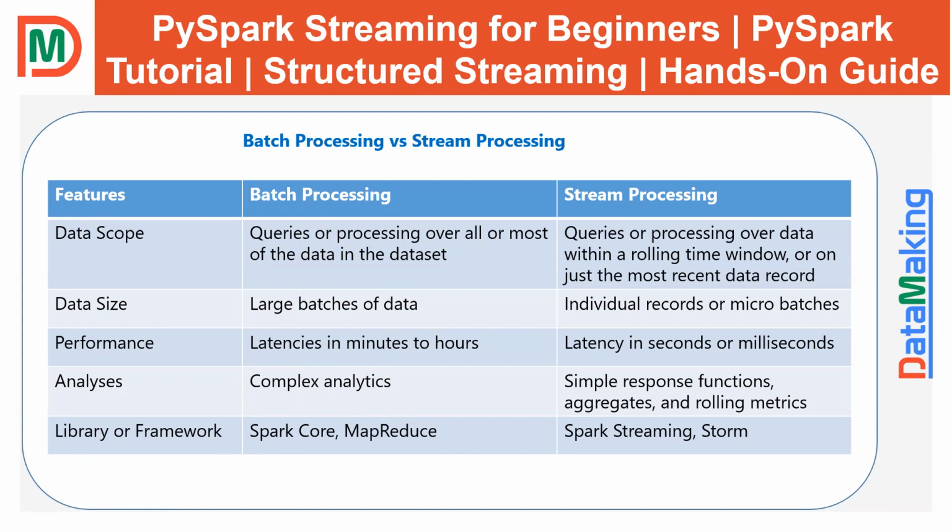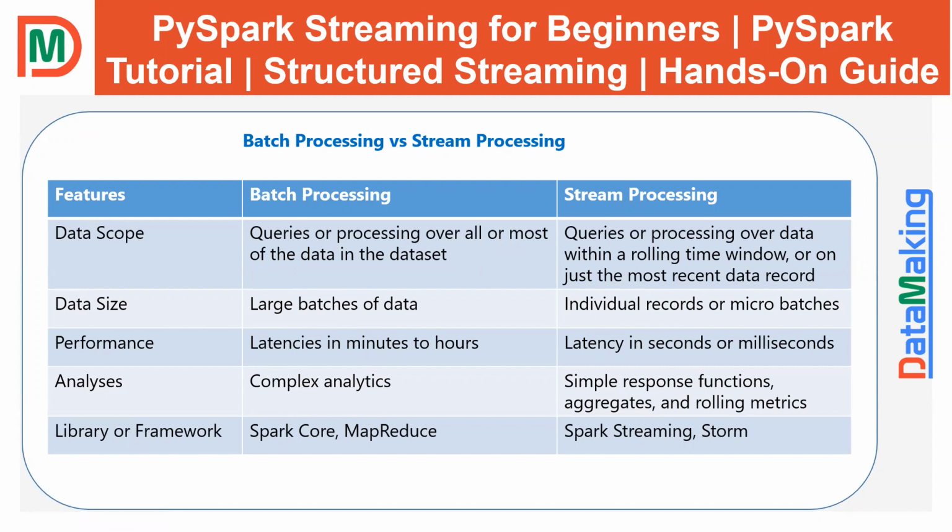In streaming, it is mostly based on the respective batch interval data or a rolling time window. Data size: generally batch processing data will be huge, while this will be a micro batch or individual records.